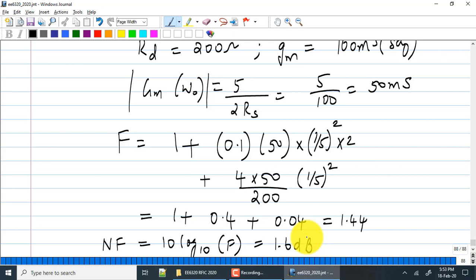Remember the only thing you have to play around with is CGS, because the Q is 1 over 2 RS CGS. Forget about LS and LG. So you have to cut down CGS, that will increase the Q of the input match.